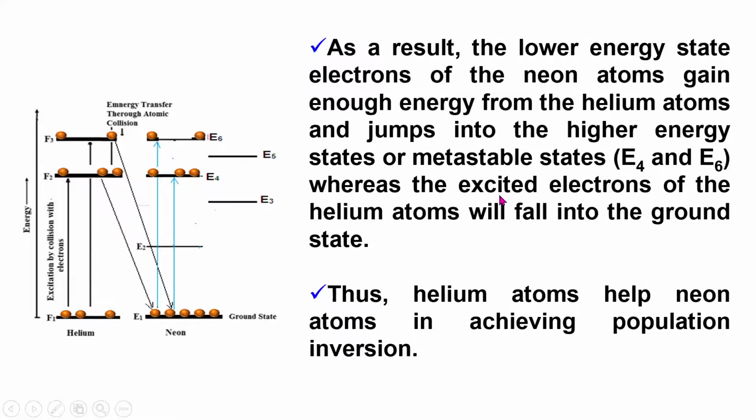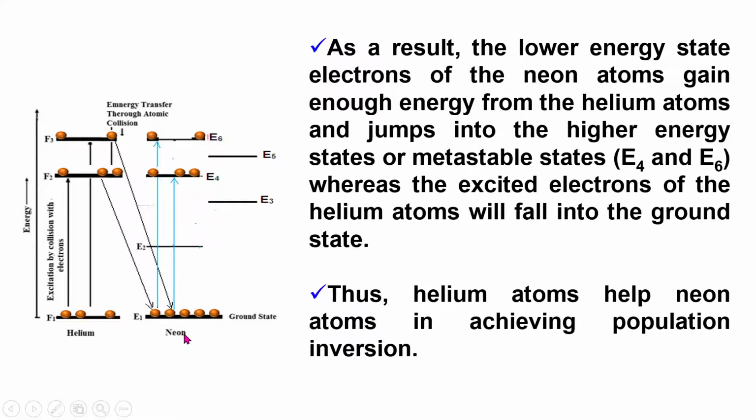As a result, the lower energy state electrons of the neon atoms gain enough energy from the helium atoms and jump into the higher energy states, which are also known as the metastable state, that is E4 and E6.